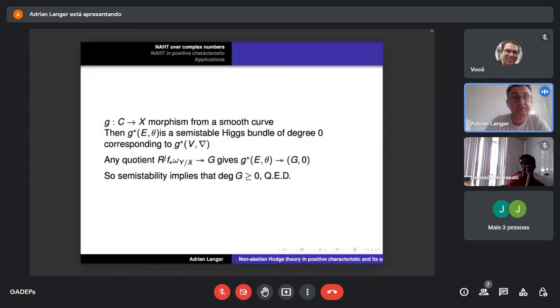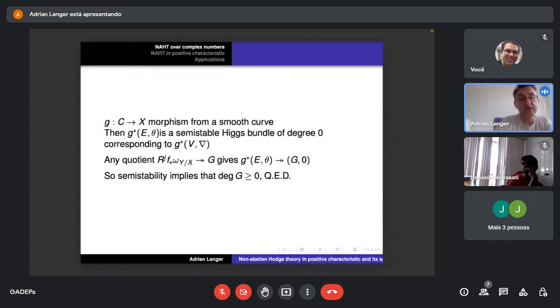So there is a theorem of Brunebarbe that somehow goes in the same direction and greatly generalizes Griffiths' theorem.